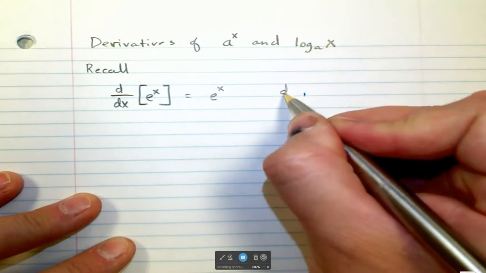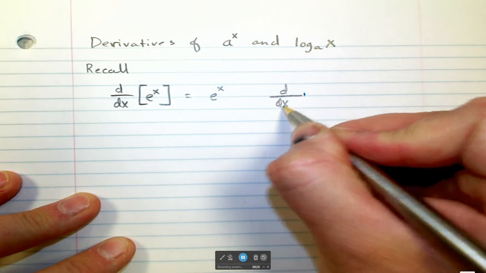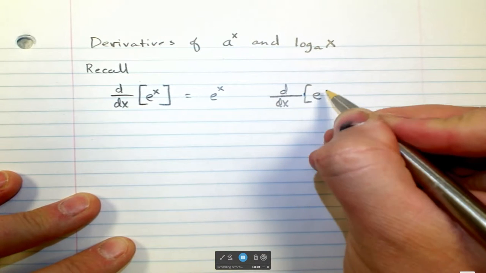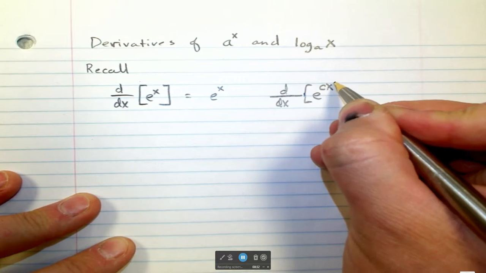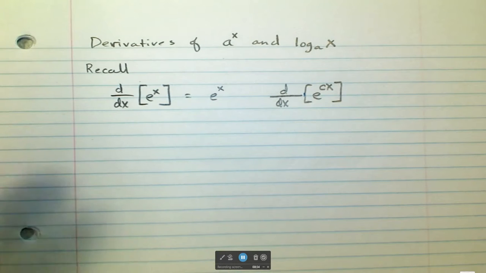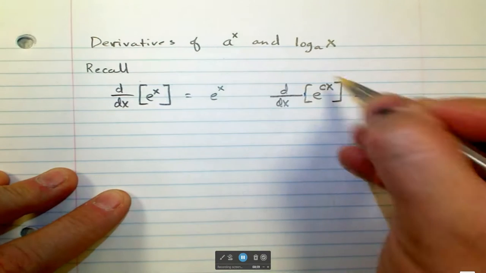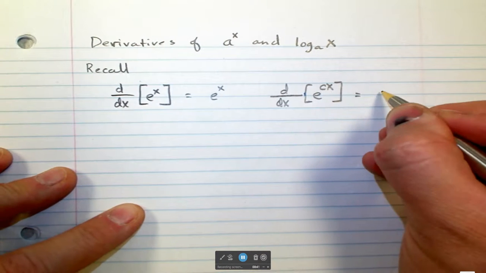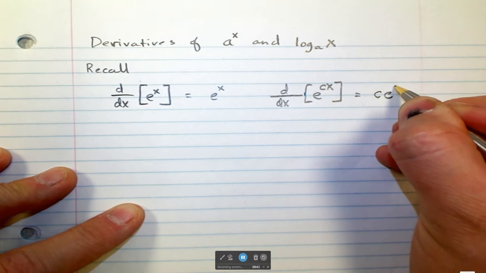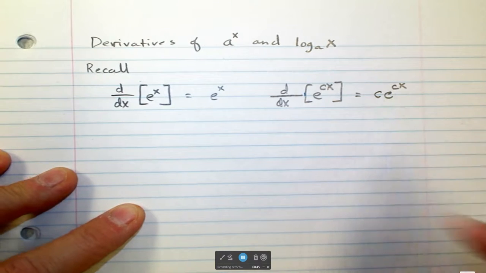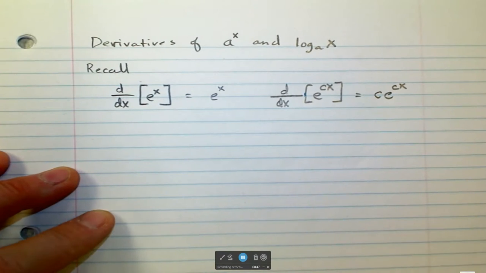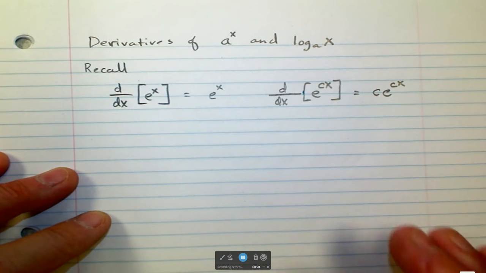And the derivative of e to the cx, if we use the chain rule with e to the u, we end up with c e to the cx. So that constant becomes a multiplier and is still in the exponent. Okay, so we've got to remember those two things.